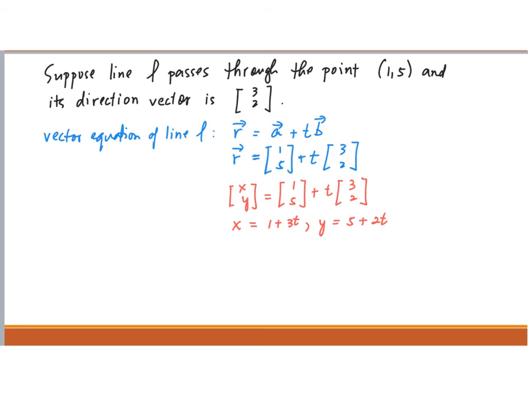And this format is actually helpful, like in the moving particle example that we did a while ago. One possible problem that you might be able to answer using the vector equation of a line is to determine the location of the point after a given time.